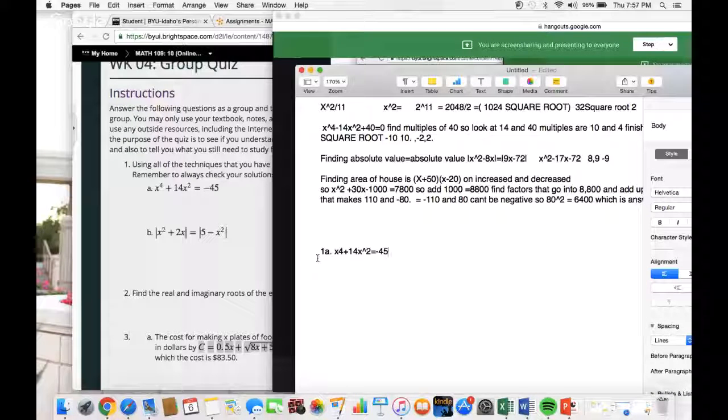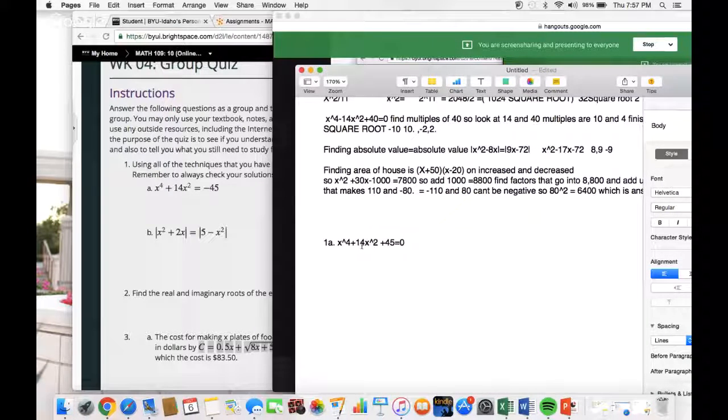So I know you need to bring the 45 over. x to the 4 plus 14x squared plus 45 equals 0. And I know you find the factors of 45 that add to 14. And that would be 9 times 5 is 45, and it will also add to 14.